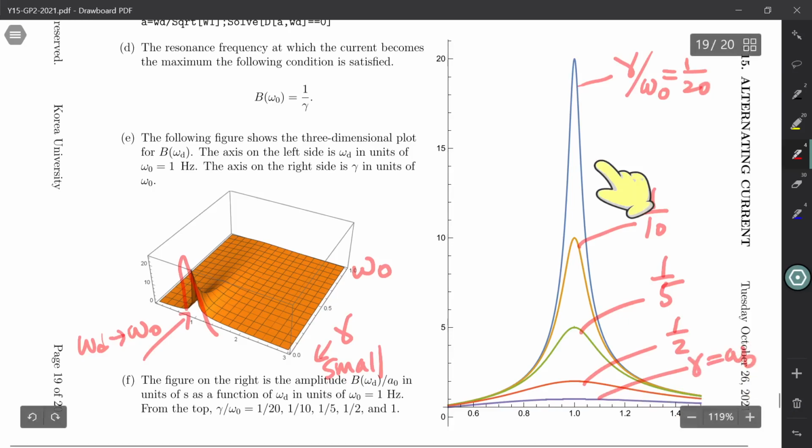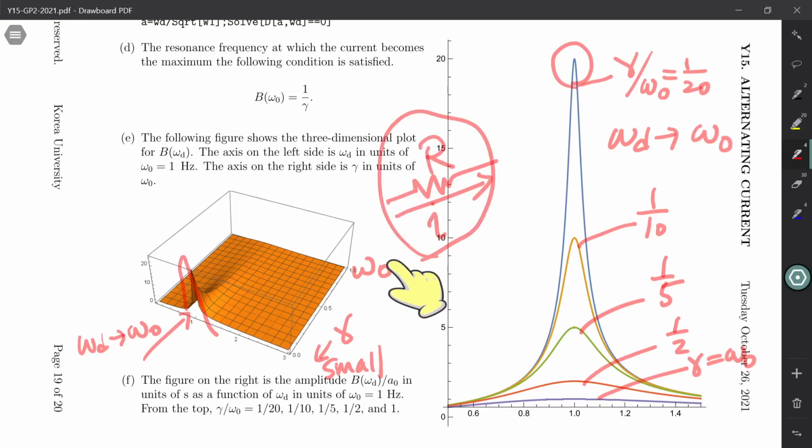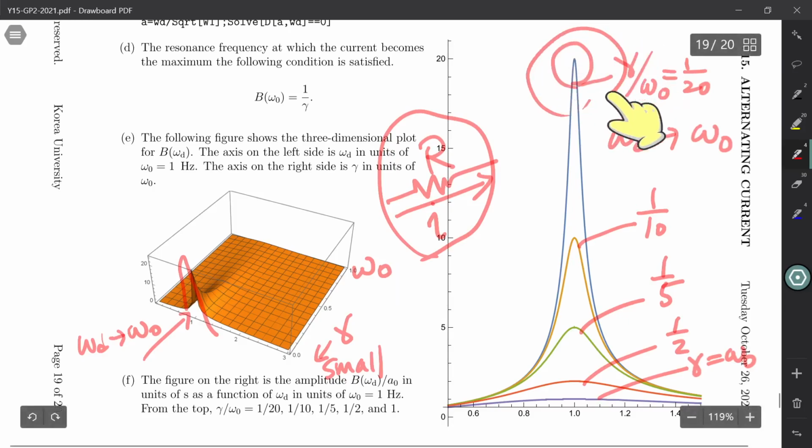As you can see, when gamma is small and the driving frequency reaches omega 0, the output voltage across R, because current I passes through the resistor and the resistor has a voltage proportional to the current, is magnified when you reach the resonance frequency, omega_d goes to omega_r, that is omega 0.